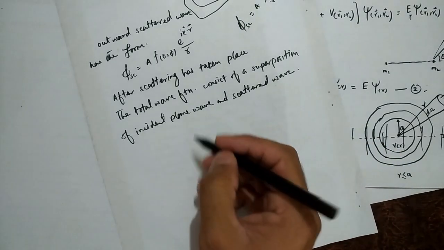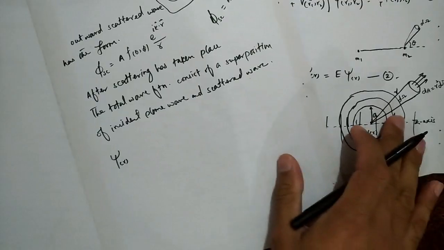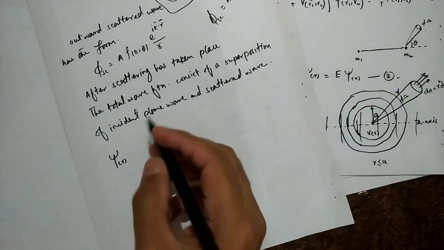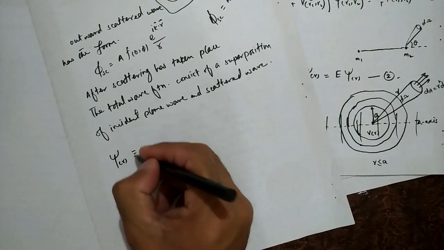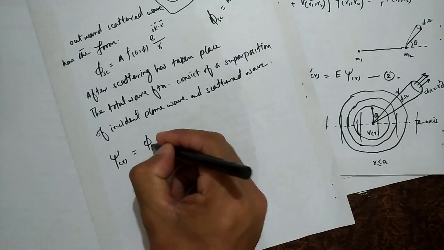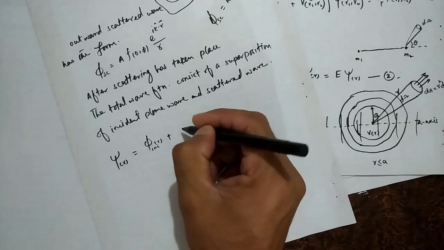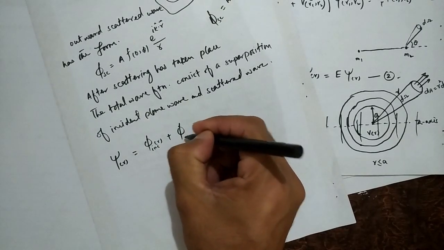That means that this total wave function here in this region is actually the superposition of the incident wave and the scattered wave.